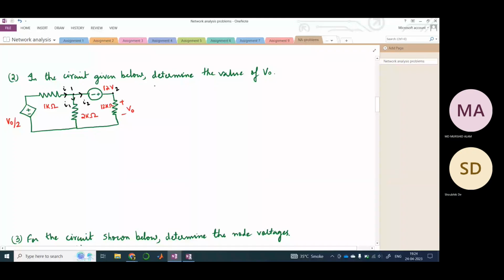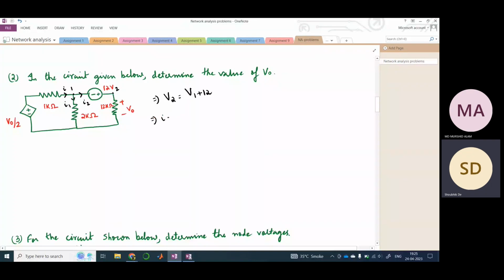How are node 1 and node 2 connected? See here, this voltage source of 12 volt is pointing from node 1 to node 2, right? So therefore node 2's voltage is higher than node 1 by 12 volts. So this is how the two nodes would be connected.